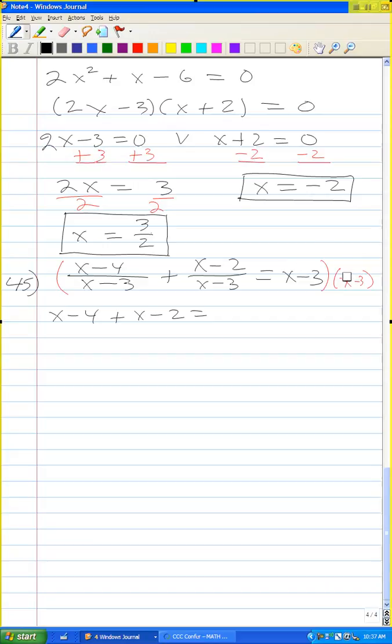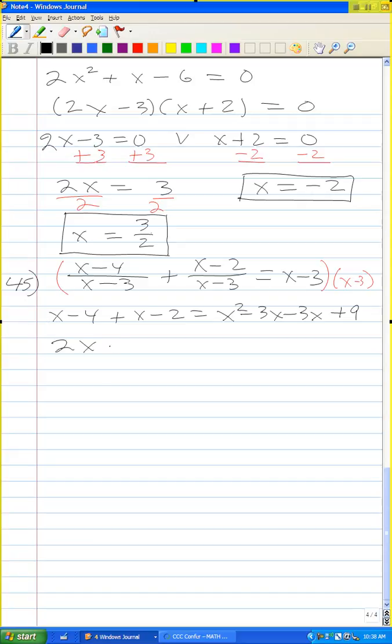X minus 3 times x minus 3 is, well, actually, x times x is x squared. X times negative 3 is negative 3x. Negative 3 times x is negative 3x. Negative 3 times negative 3 is a positive 9. And so, combine like terms. X plus x is 2x.